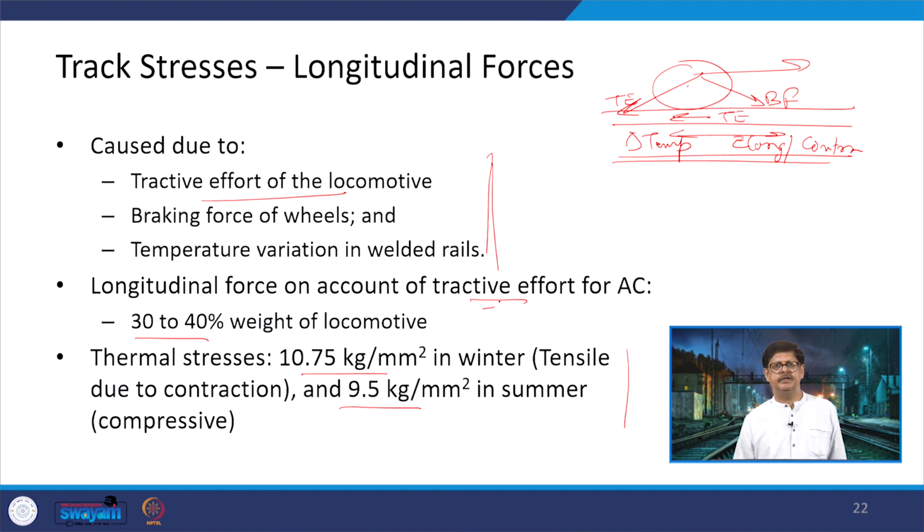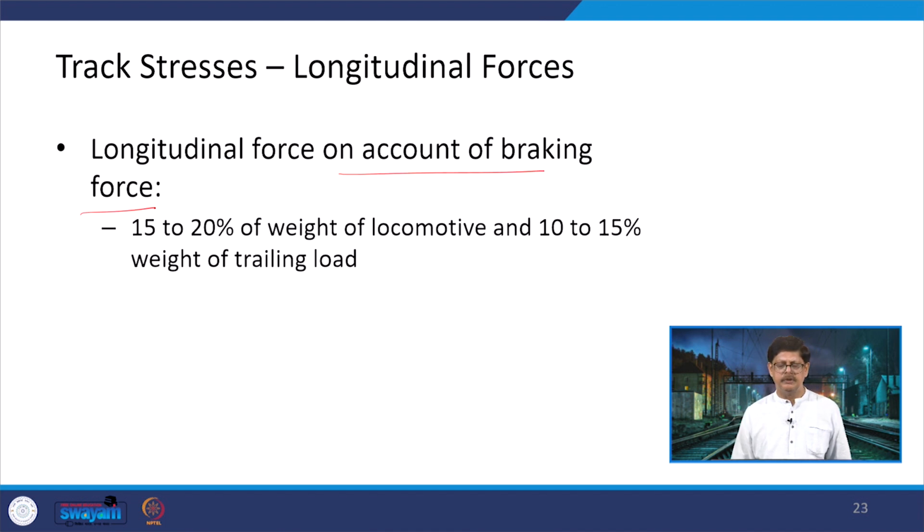So, if the tractive effort case is 30-40%, in the case of thermal it has a value as 10.75 or 9.5 depending on the season, and in the case of braking it is 15 to 20% of the weight of the locomotive and 10 to 15% of the weight of the trailing load. When we say trailing load, we are talking about the wagons which are at the back. So, both will be working separately: weight of locomotive and weight of trailing load.